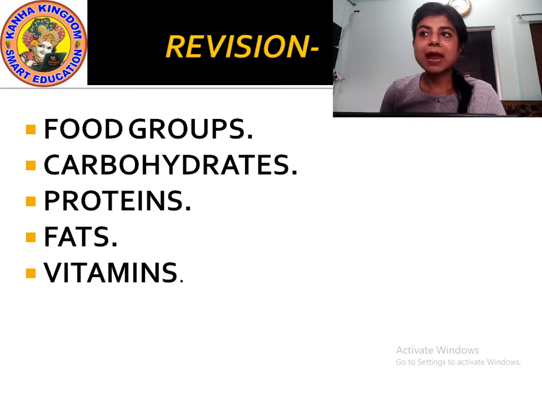It has many substances depending on the nutrition they provide, divided into nutrients, and those are carbohydrates, proteins, fats, vitamins, and minerals.